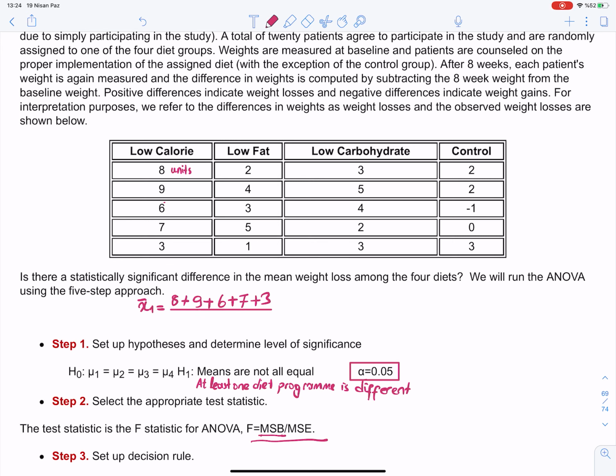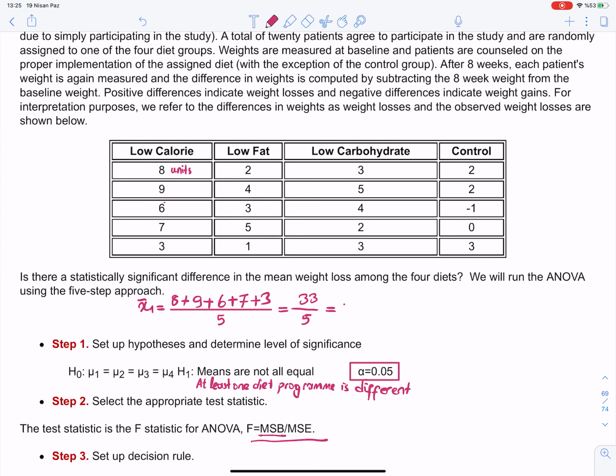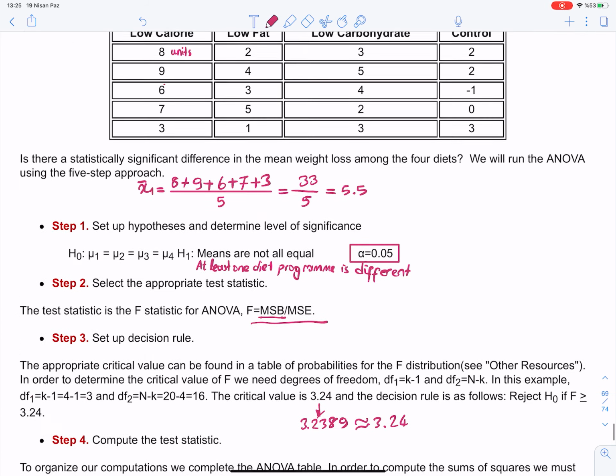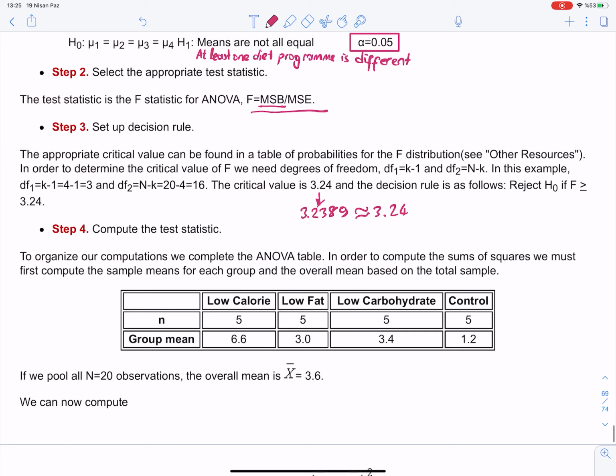The sum is 33, and 33 divided by 5 is 6.6. That's how you get the 6.6 here.